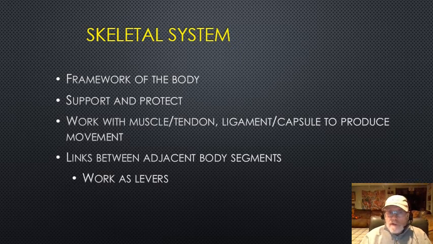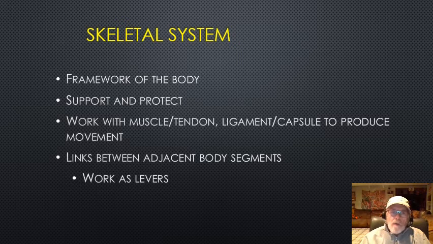We know that the skeletal system is important in regards to protection and support. Just think if you didn't have a skull, how much chronic traumatic encephalopathy or brain injury there would be, because the brain would be exposed. The heart and the lungs are protected by a thoracic cage, which is basically bone. Okay, so we know that the skeletal system is also important to protect various important vital structures.